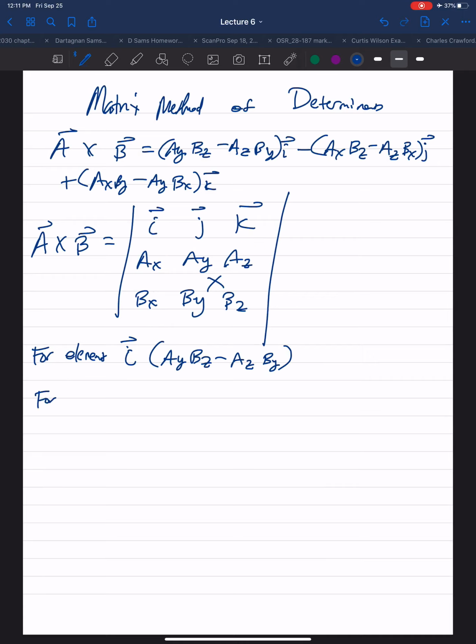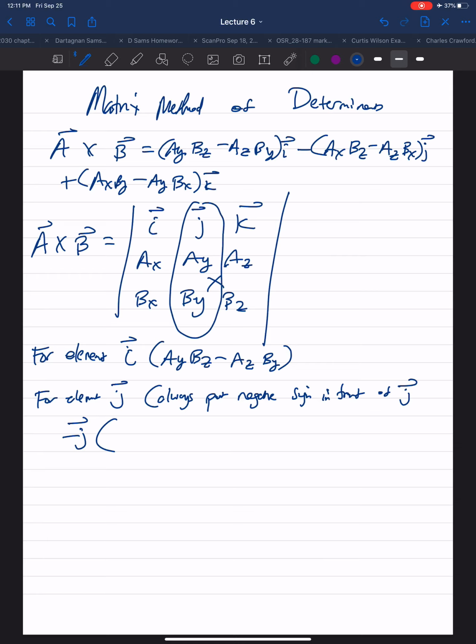Then for element j, first off, you always put a negative here. You have to remember, always put a negative sign or minus sign in front of j. This is always true. So for element j, that's minus j. Once again, you ignore this column and you do cross multiplication on the other two columns.